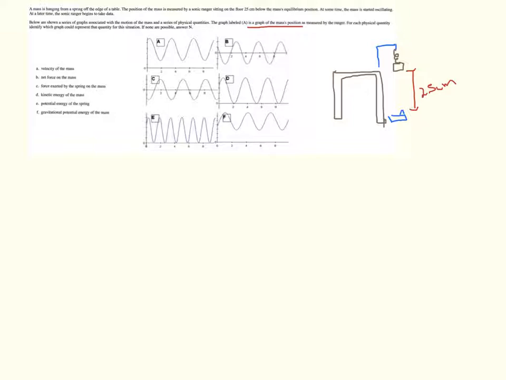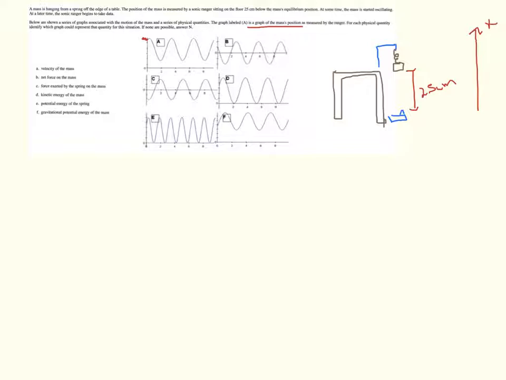One thing we notice right away is that it's starting some positive distance up. And we know that the Sonic Ranger measures this distance in the positive direction. So when it's going more positive, it's moving further away from the Sonic Ranger, and when it's decreasing in its positive direction, it's moving closer to the Sonic Ranger.